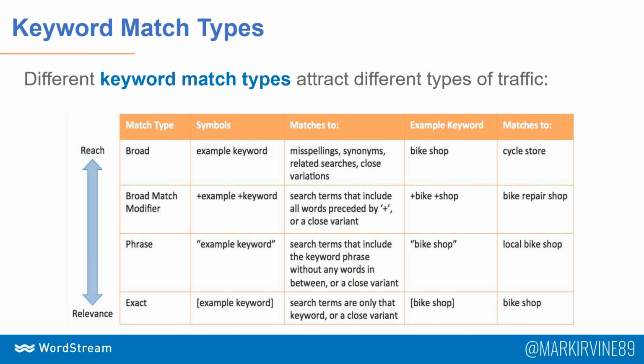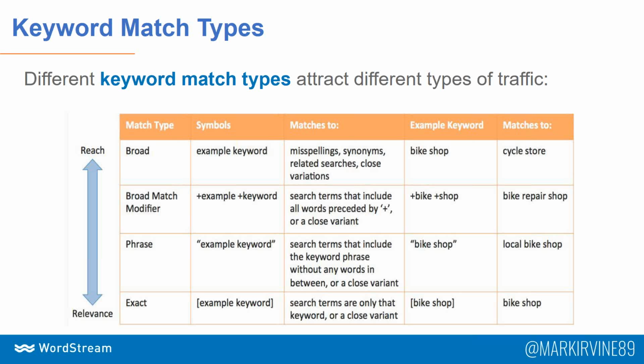And so there are different keyword match types that are going to allow us to attract different types of traffic. The exact match keywords at the very bottom here are going to get us basically that exact traffic. It's just going to get when that keyword matches what the user is searching for.